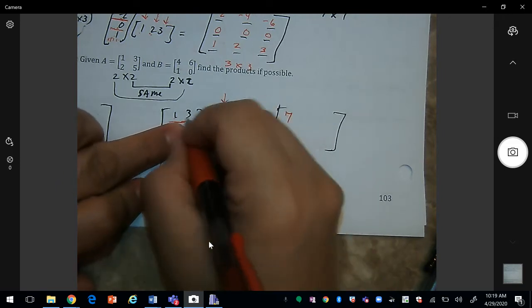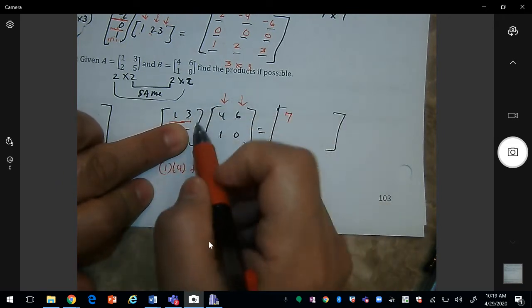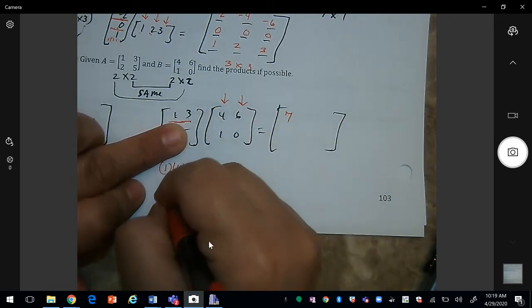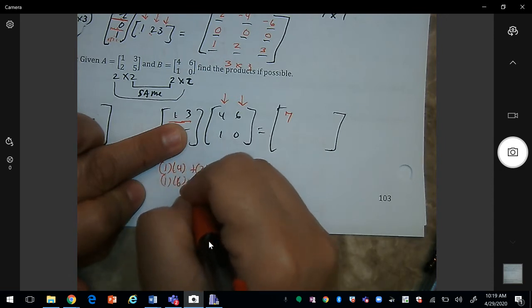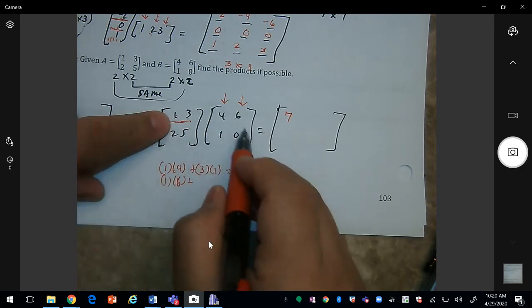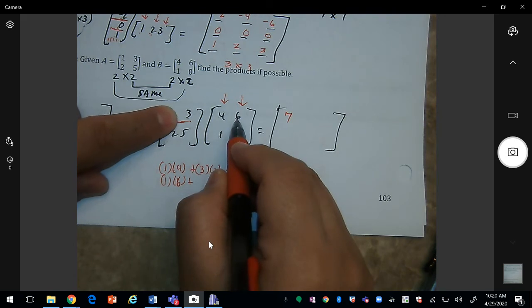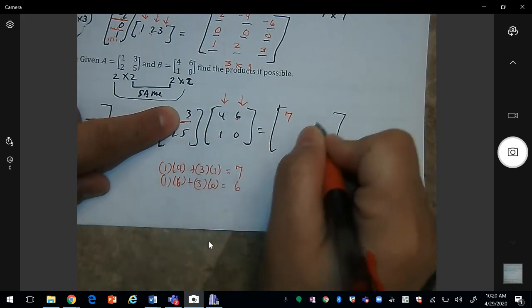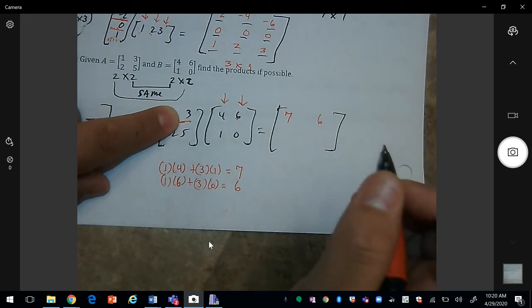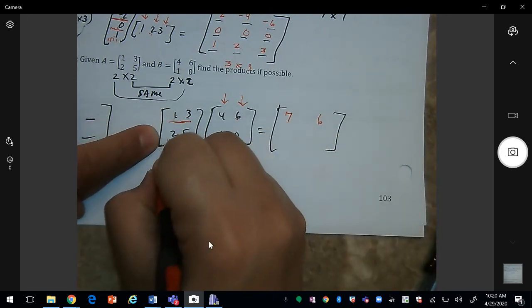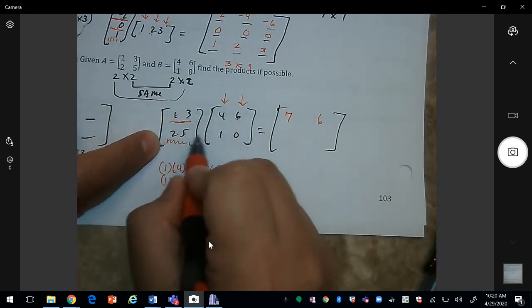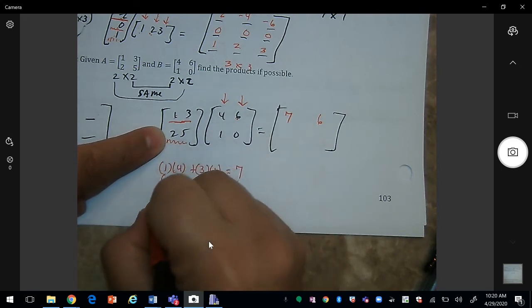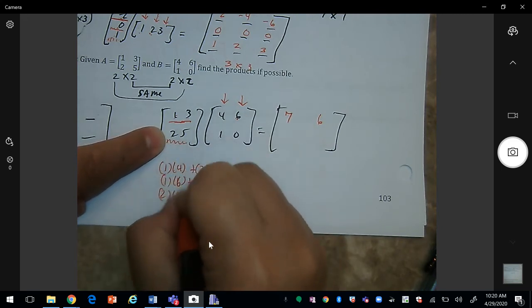So then we still use this same row with the next column. So 1 times 6, and then 3 times 0. And so my answer here is 6. There's no more columns, so we go on to the next row and we start the same process. 2 times 4 plus 5 times 1.